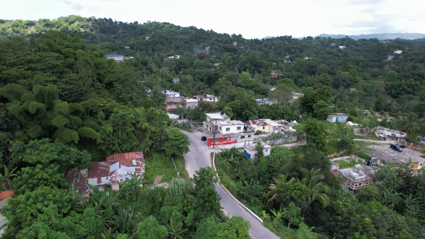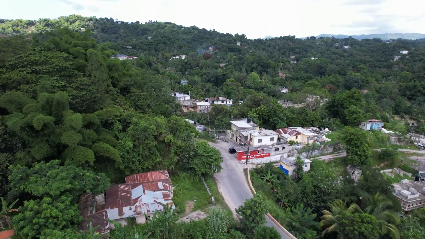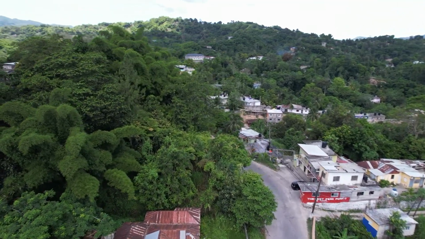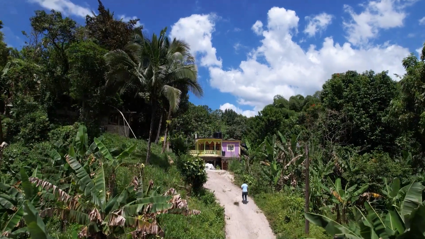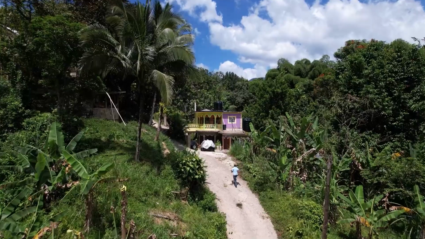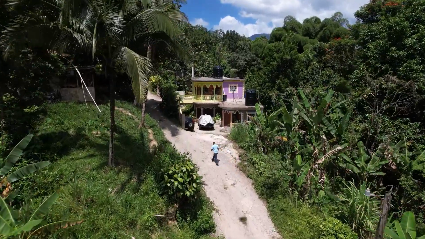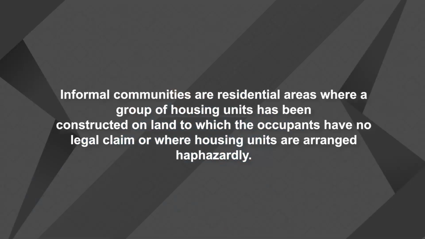A similar approach should be taken for parcels that have multiple households in low-income communities. List the housing units, dwellings, and households according to their location in that parcel, proceeding from front to back and/or right to left. This is an informal community.